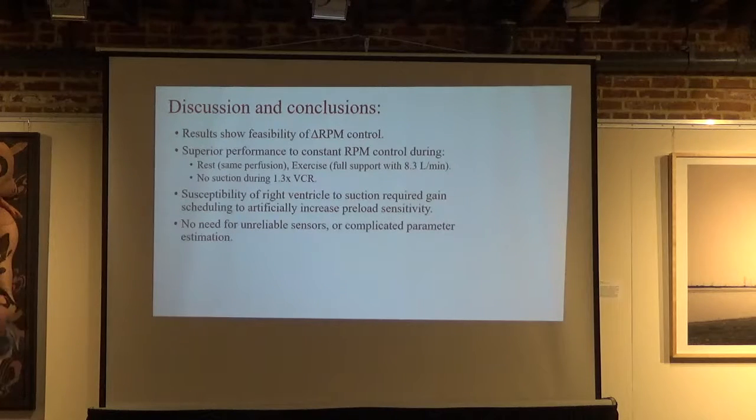Again, the susceptibility of the right ventricle to suction required us to use gain scheduling to artificially increase the preload sensitivity, and this controller does not require unreliable sensors or complicated parameter estimations.